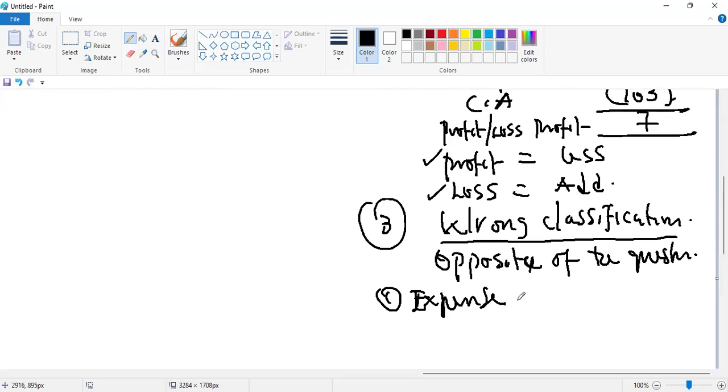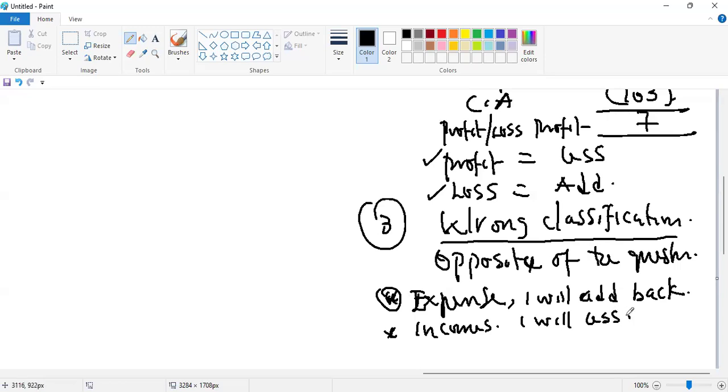If it is expenses, I will do what? Add back. So far I've identified it as a wrong classification, I will add back. Then it means if it is incomes that is not operating, wrongly classified, I will do what? I will less. That is it.